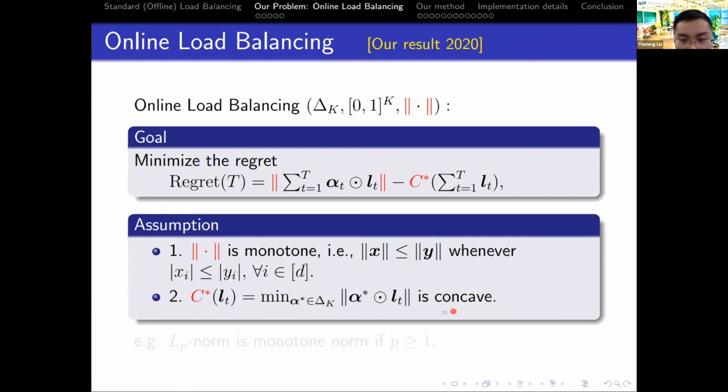It is supposed to be a concave function. Of course, this extension is reasonable as any Lp norm is a monotone norm, and therefore C star with this Lp norm is also concave, and our extension naturally contains the L infinity norm.